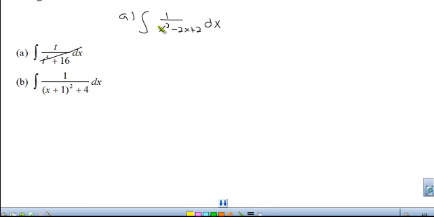So in order to find this, we have to complete the square. So we get the middle term, divide it by 2, and square it. So that is what I'm going to add.